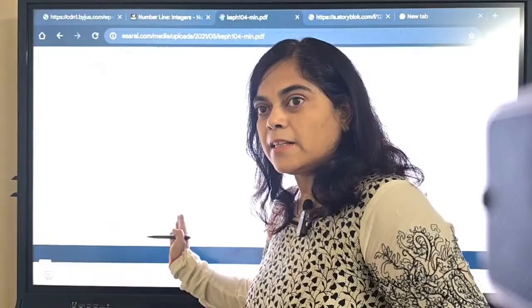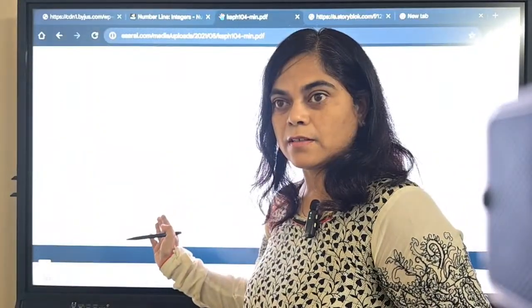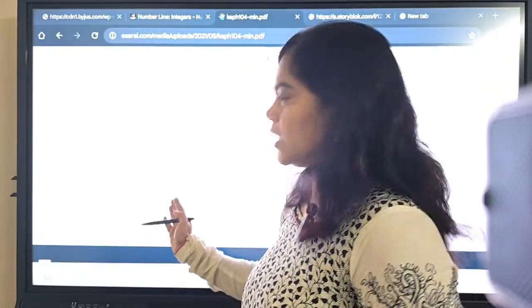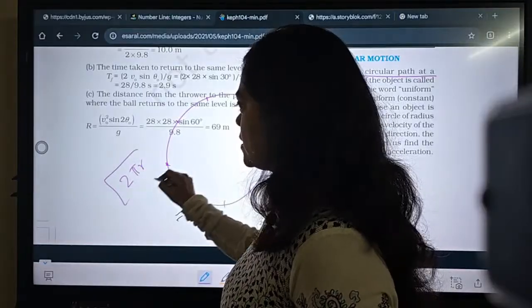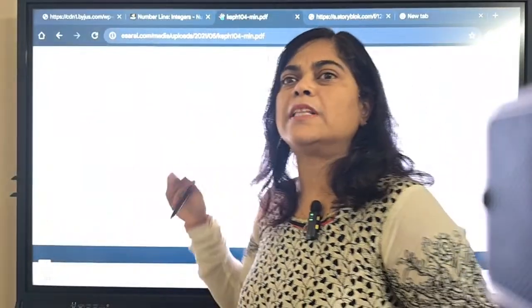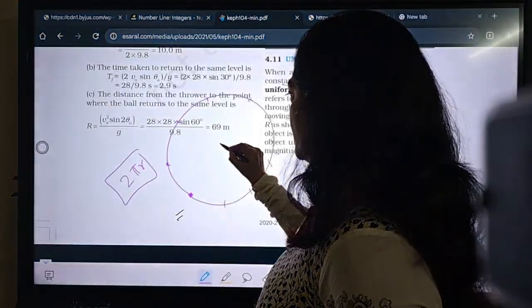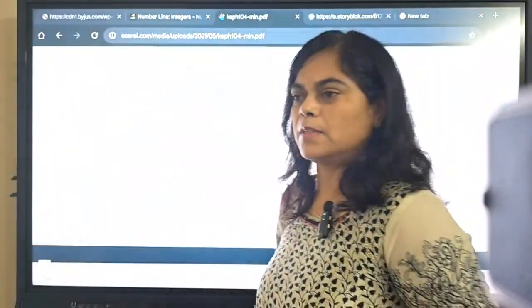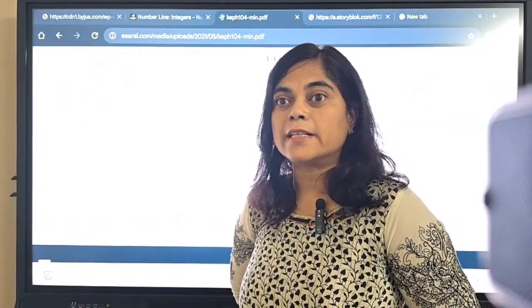So if you see this, what is the total distance traveled by this particle or object? Very good, the circumference of a circle, that is 2 pi r. That is the total distance. What might be the displacement here? Why is it 0? Very good, so it ends at the same point.